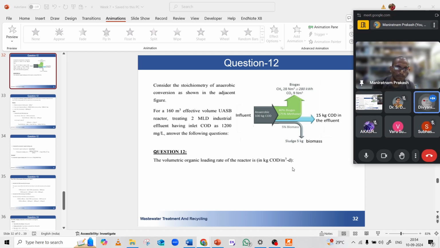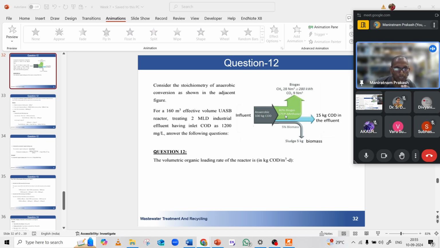When we don't have the biogas and biomass, we can't calculate the COD removed. For the volumetric load, we don't need the biomass and biogas. We only need how much COD is coming in, what the flow rate is, and what the volume of our UASB is.